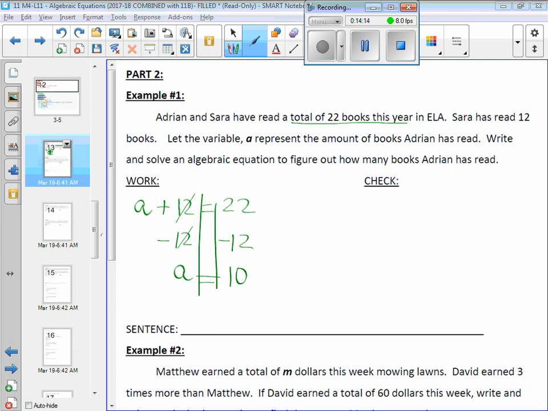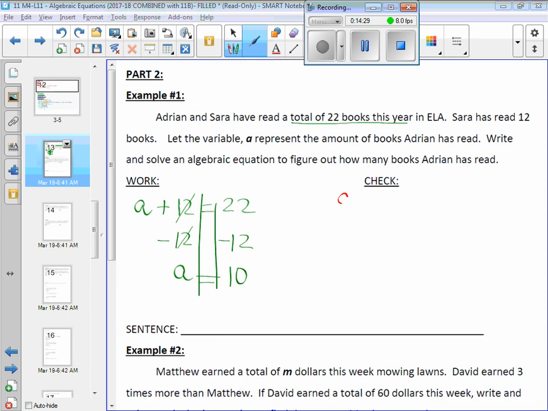Okay, let's check it. Anybody want to come up and do the check? Shannon, do it in red so we could see it in a different color. Well, I'll talk you through it. You'll be fine.